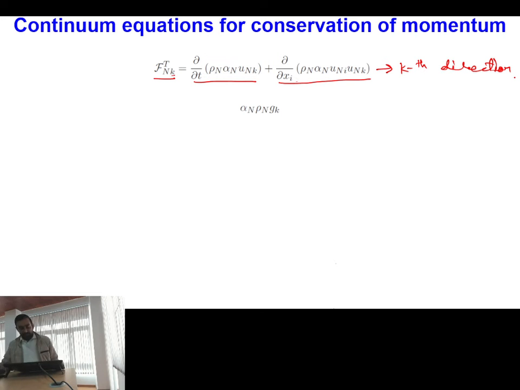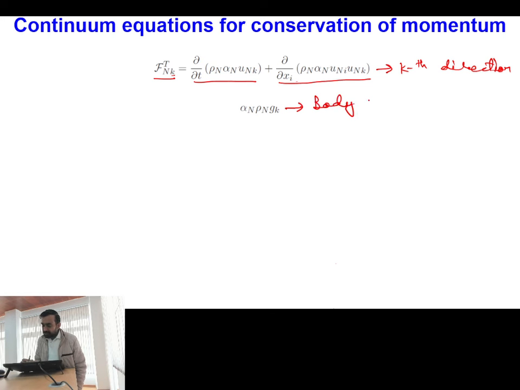Okay, so this first term is nothing but body force. This body force is rho n, density of nth phase, into gk, where gk represents the gravitational pull in the kth direction, and this alpha n is used because the entire mass of the control volume does not comprise the nth phase, rather it only has alpha n volume fraction.